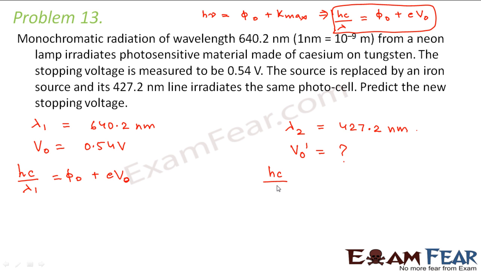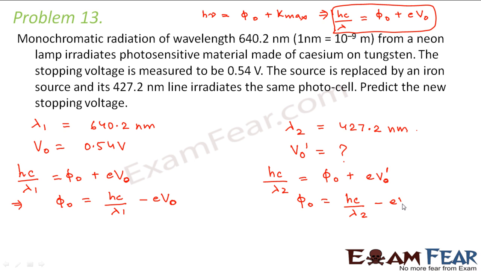And in the second case, it becomes hc by lambda 2 is equal to phi naught plus e V naught dash. So from this we can say phi naught is equal to hc by lambda 1 minus e V naught, and phi naught is equal to hc by lambda 2 minus e V naught dash.